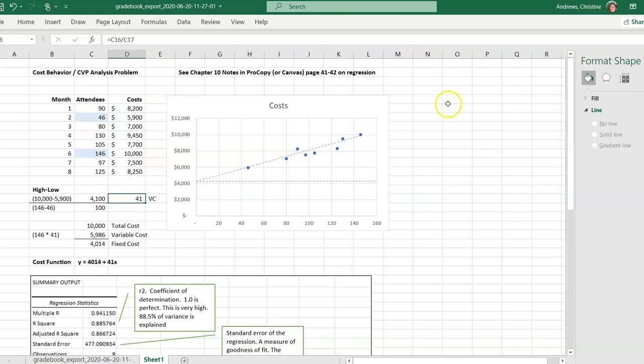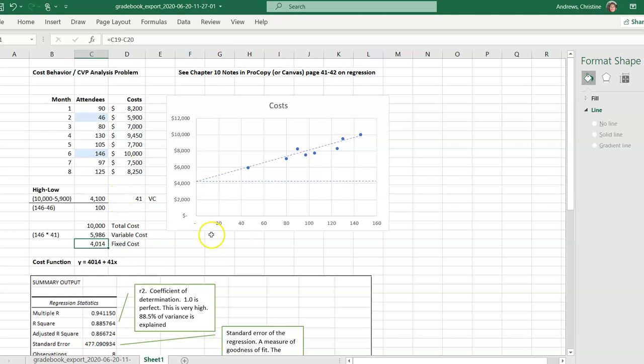So our variable cost is $41 per attendee. If I take that off, that gives me my fixed cost of 4014, and I've got a cost function of y equals 4014 plus 41x. That's great.